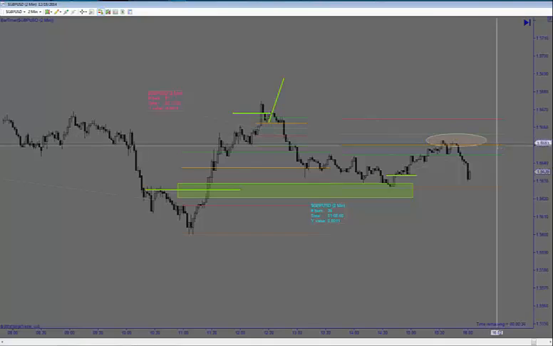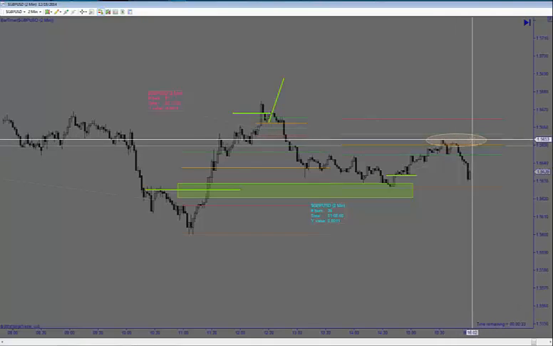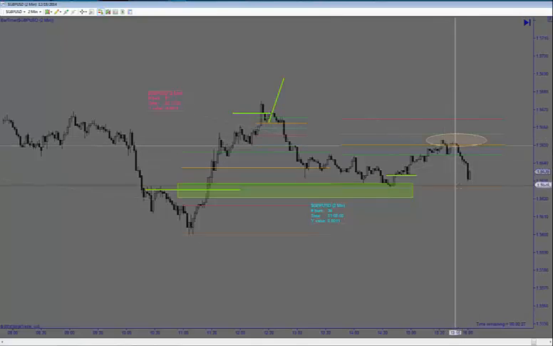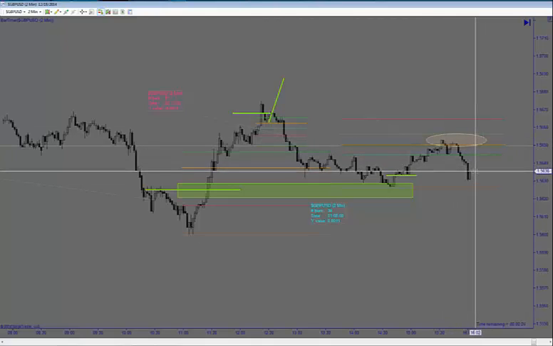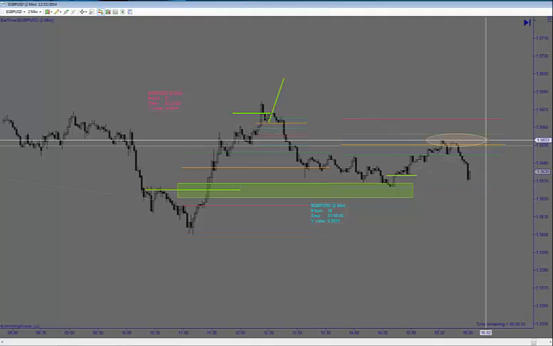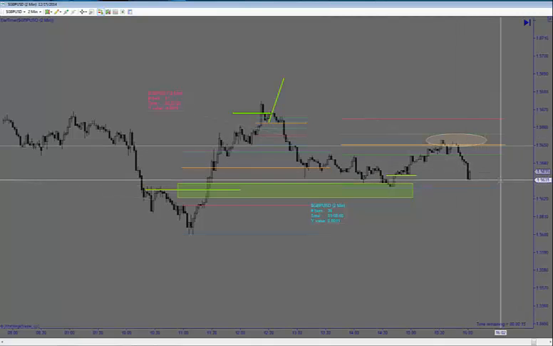So I will be looking for shorts somewhere in this area if price shows me the weakness that I want to see. Why? Because the market is showing me intent, will to trade lower. So I'm looking to see how the bulls progress back up into this area, and if they don't even make it up there, I'm not even looking for a trading opportunity. Why? Because I'm trading too close into structure.